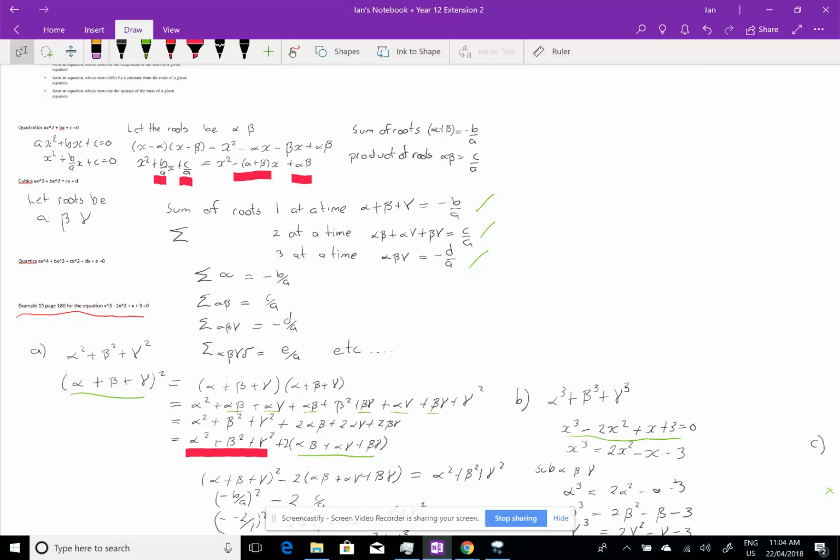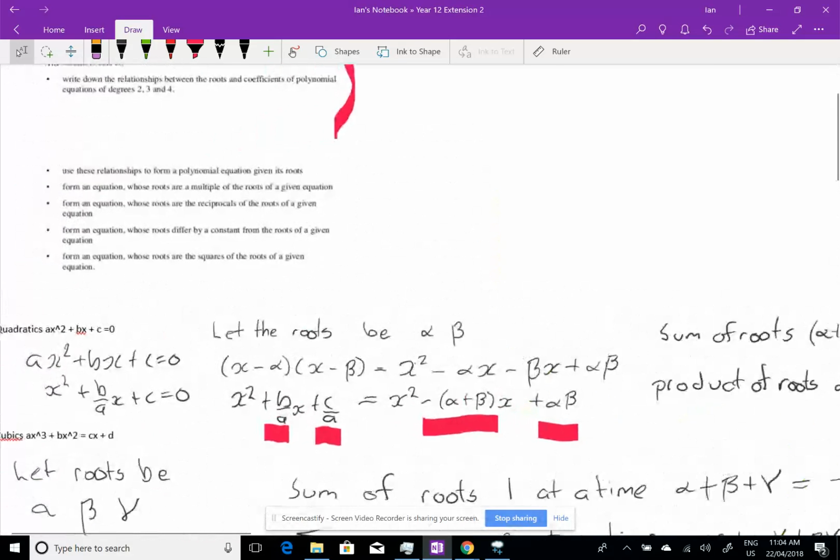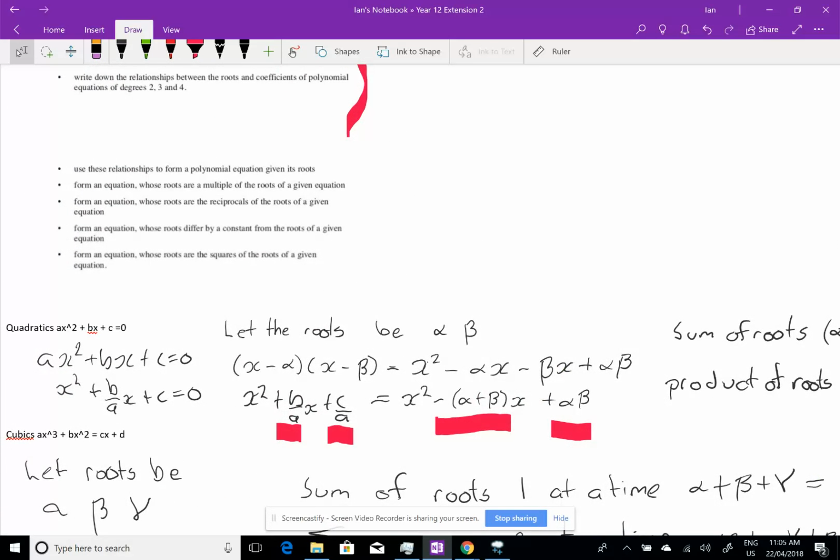What I want to do now is I want to look at transformation. The transformation of roots, which is this stuff here. Use these relationships to form a polynomial of equations. So we're going to use the property of the roots to write equations of a different format. And these are the types we have to do.